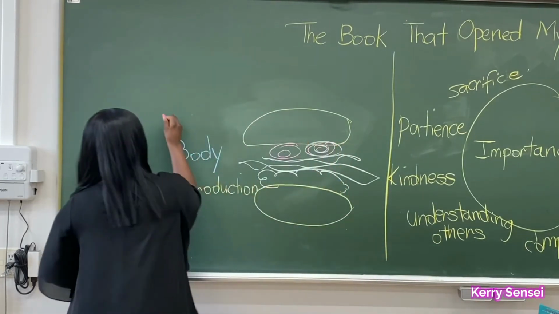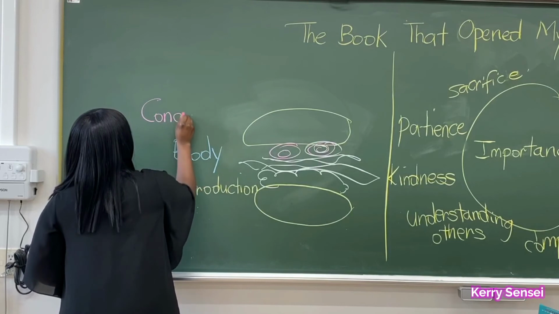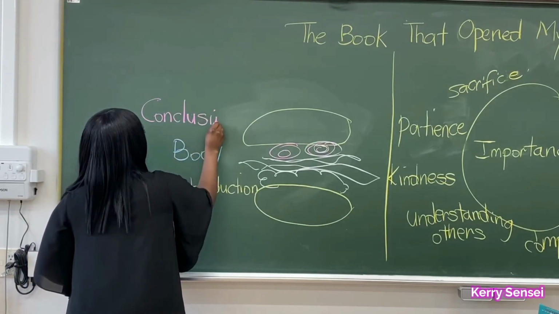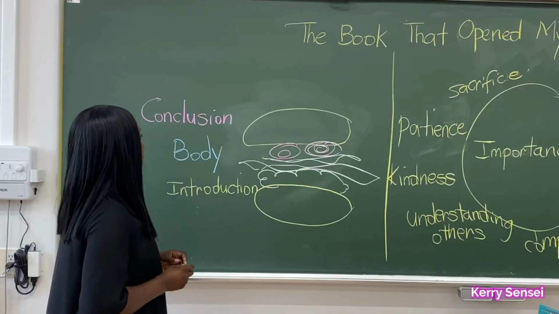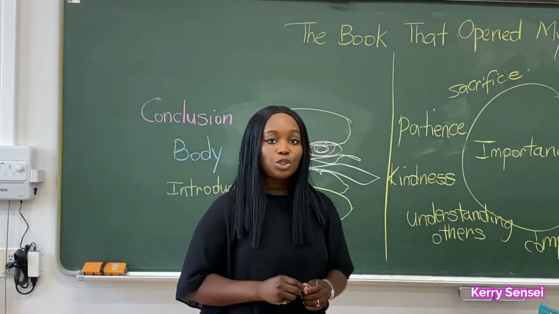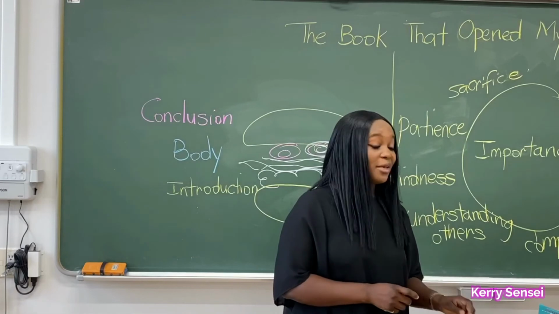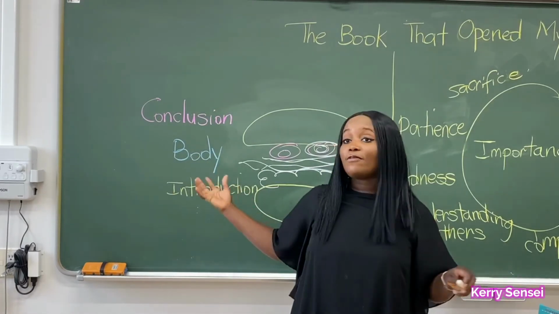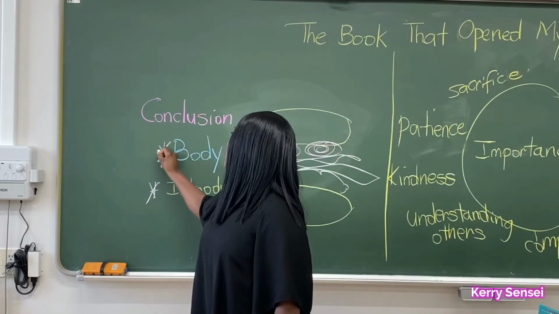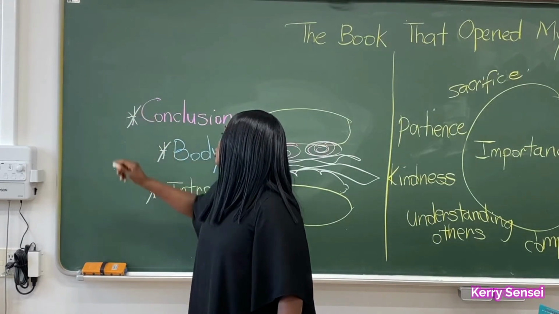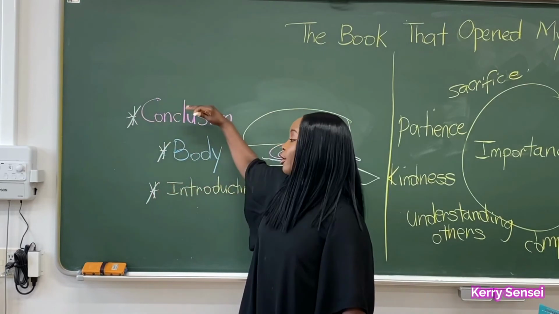So this here is what we call the conclusion. For your essay to be a solid essay, we need all of these 3 parts. The introduction, the body, and then the conclusion. So we start from the bottom up.